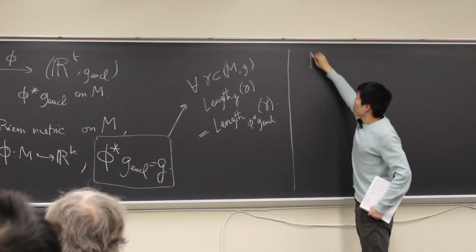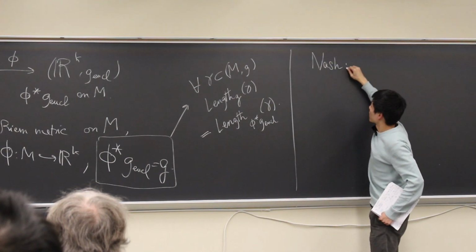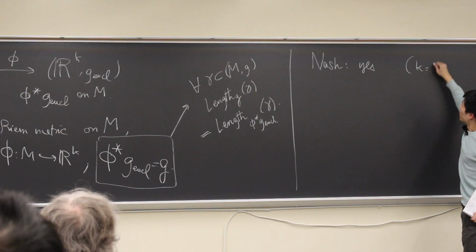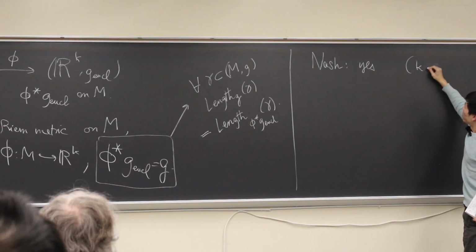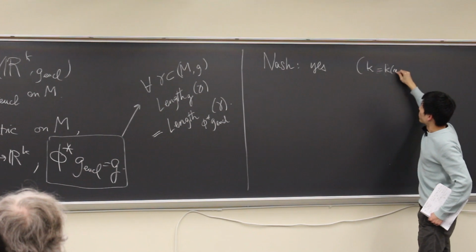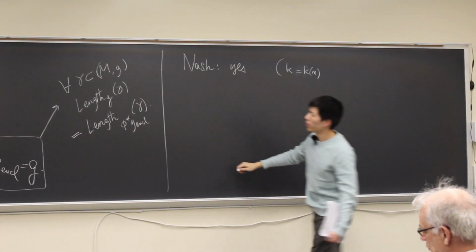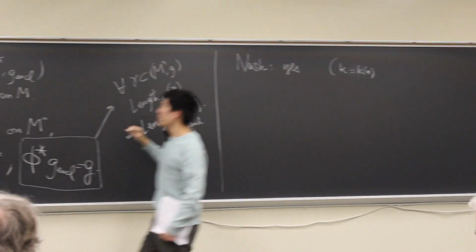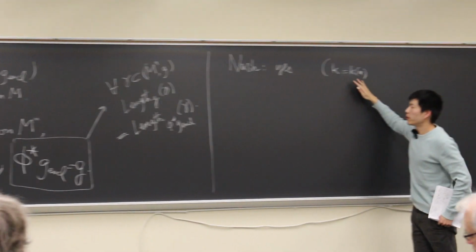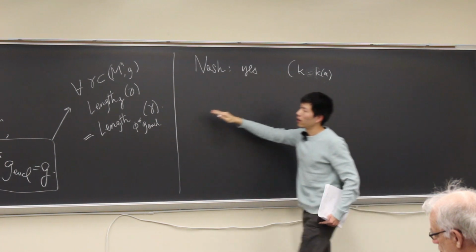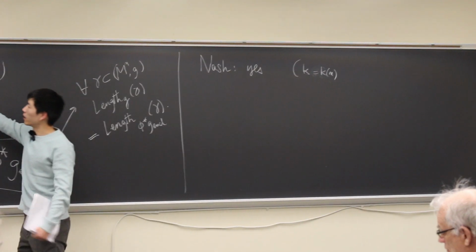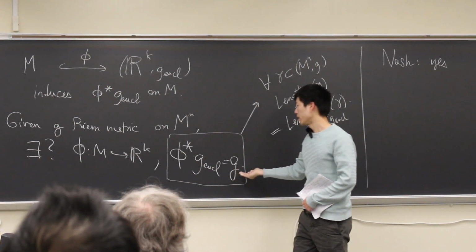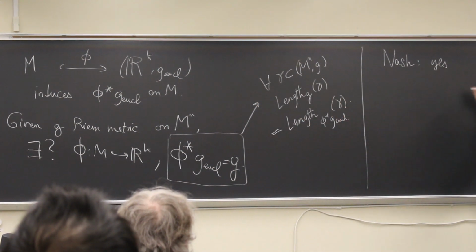All right, and so the answer is yes. For any Riemannian manifold, say of dimension n, you can always find a certain k and a certain embedding such that if you pull back the metric, you get the Riemannian metric that you started with.